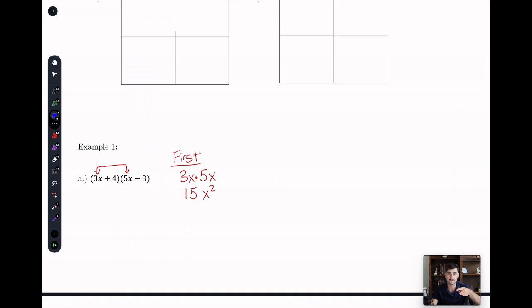So FOIL: first, outer. Let's do this in blue. Outer terms. So what are the outer terms here? We've got 3x times... Ooh, we got a little minus sign there. That's a little weird. So another way we can write minus 3 is a common thing that we do a lot of times. It's the exact same thing.